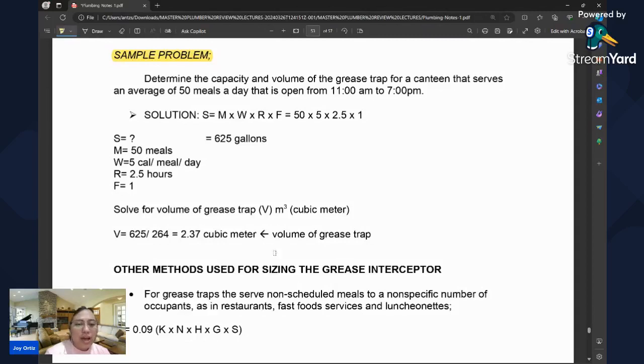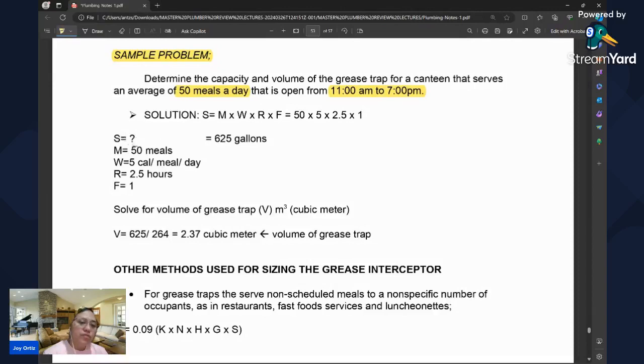M is ilan per meals, so 50 meals a day daw, that is open from 11 to 7 p.m. So, ilang hours? 12, 1, 2, 3, 4, 5, 6, 7. So, 8 hours.